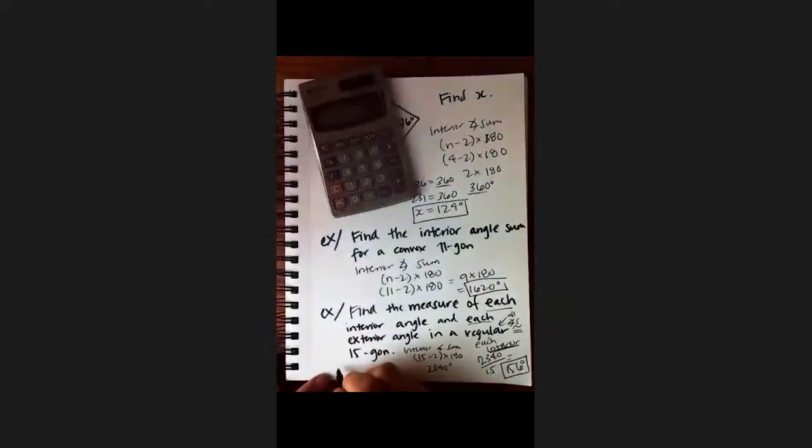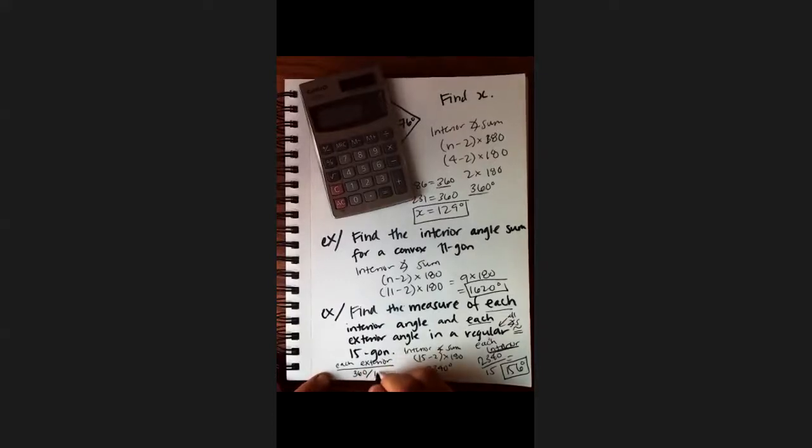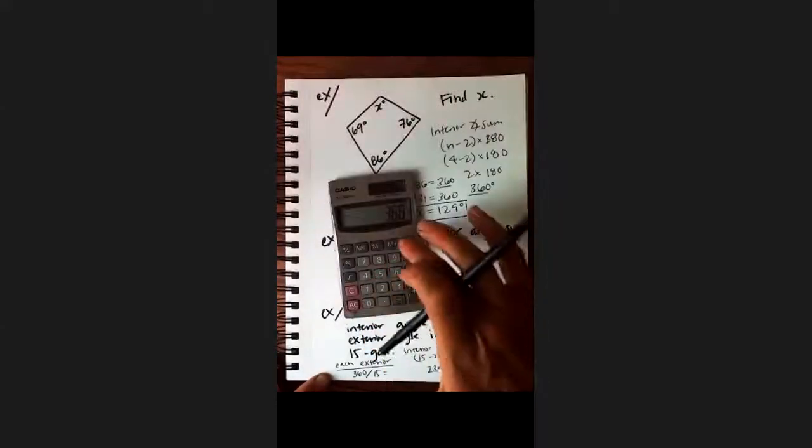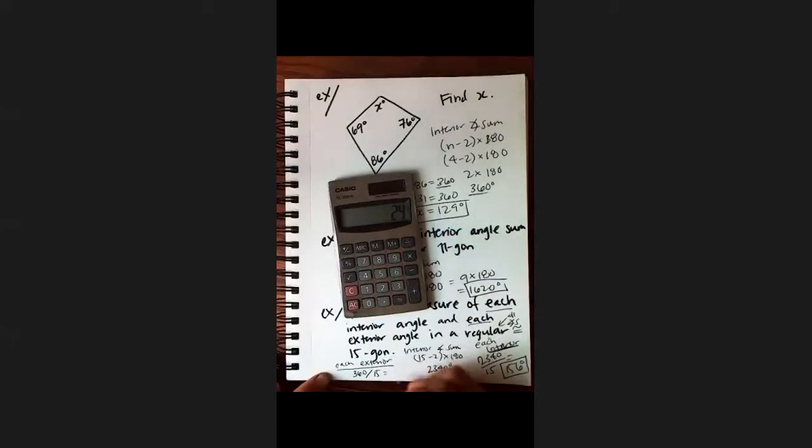Now we still have one more part left, and we are asked what each exterior angle is equal to. If we remember, the exterior angles of all shapes add up to 360 degrees. And once again, this is a regular 15-sided polygon, so we just divide that 360 by 15, and we get that each exterior angle is 24 degrees.